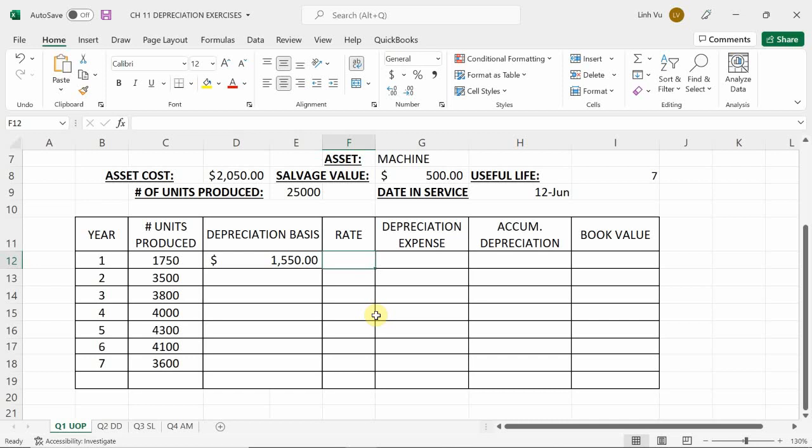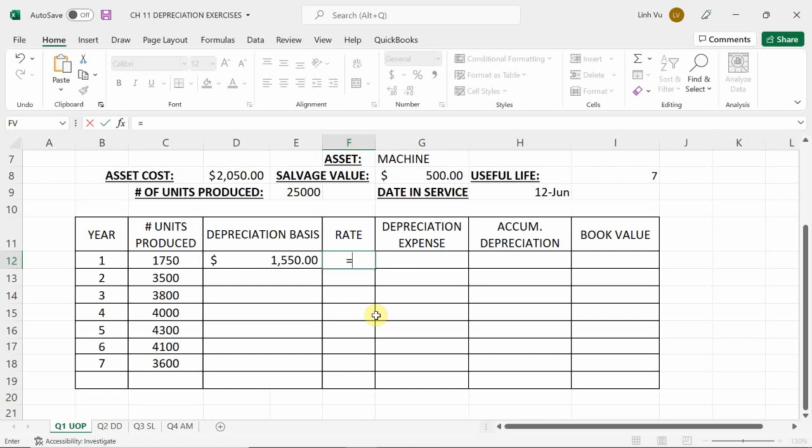Now the rate. No, this is units of production. That's not the same rate. This is a per unit rate.